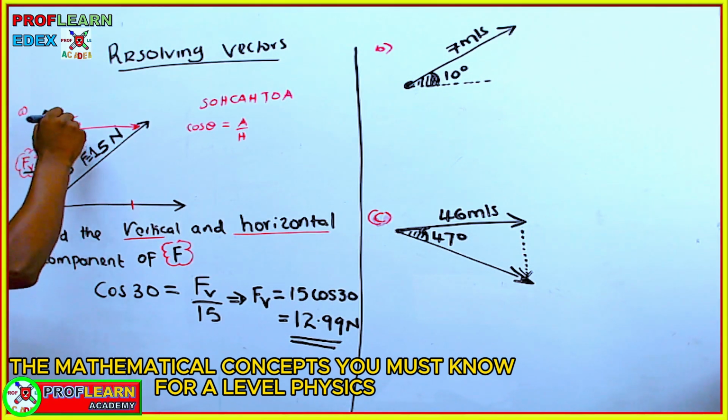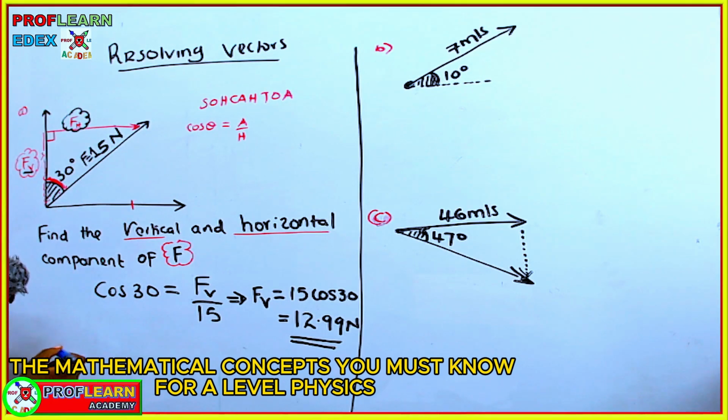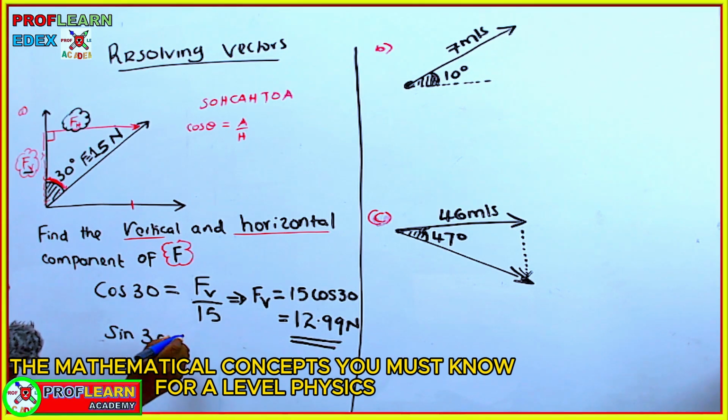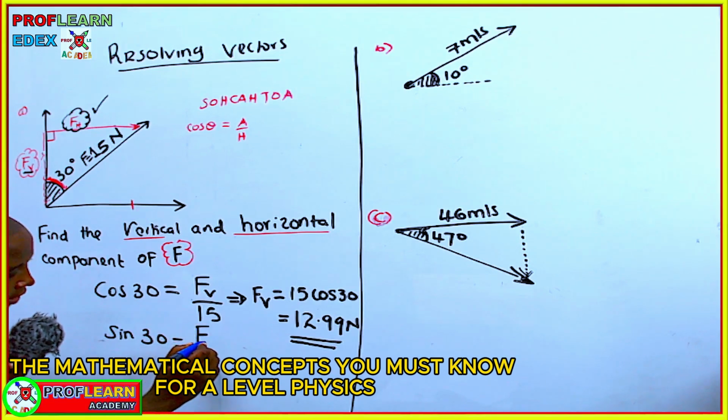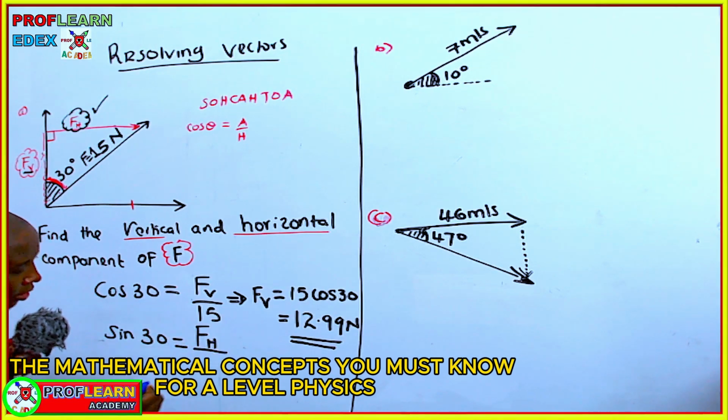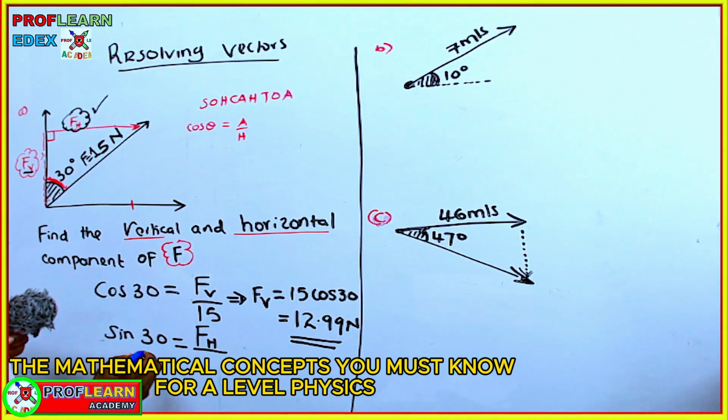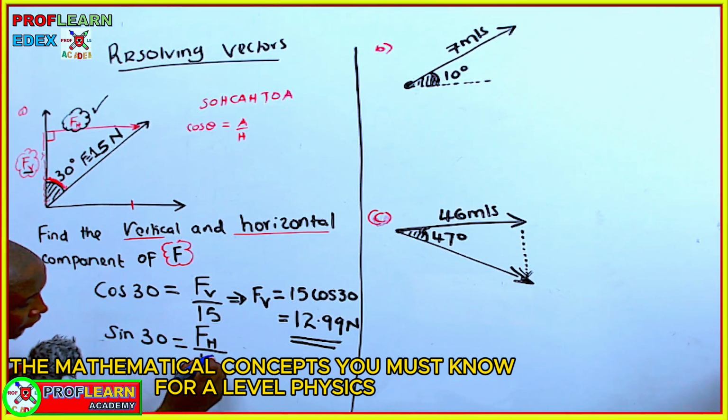Now, to find the force in the horizontal direction, at that point this is going to be our opposite and we have the hypotenuse. So we say sine 30 is equal to opposite, but our opposite is F in the horizontal direction, over 15.